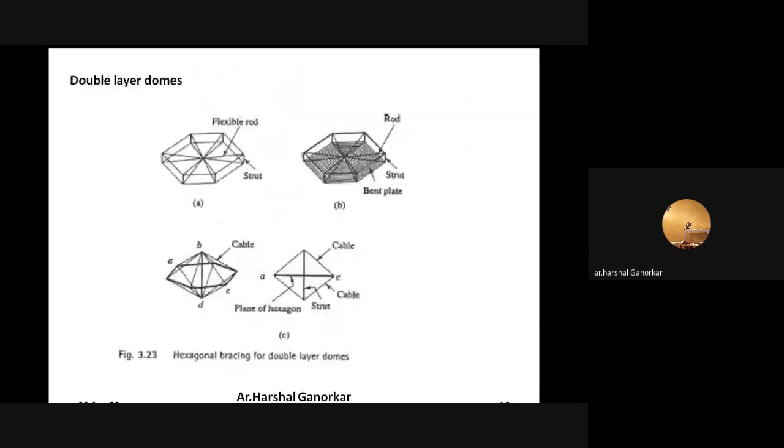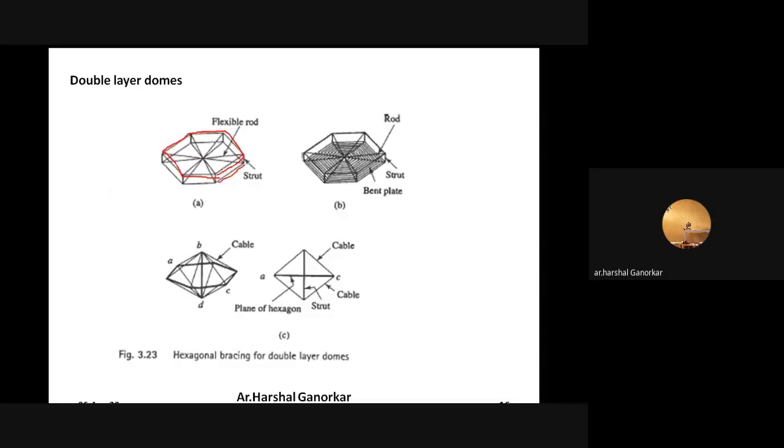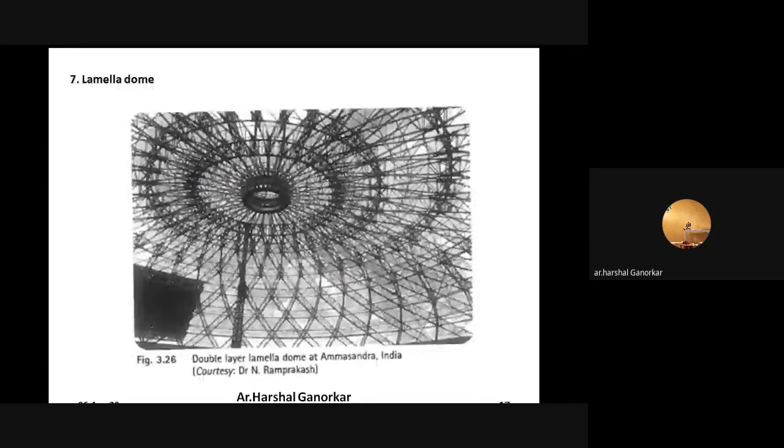And again, we have seen the single layer domes, and this is the double layer dome or truss type dome, in which we are going to see this. Flexible rods are fixed to the struts. This is the basic frequency or basic shape, and these are double layered by using this flexible rod. Or again, this shape is also flexible by using this cable, and you would get the overall structure like this.